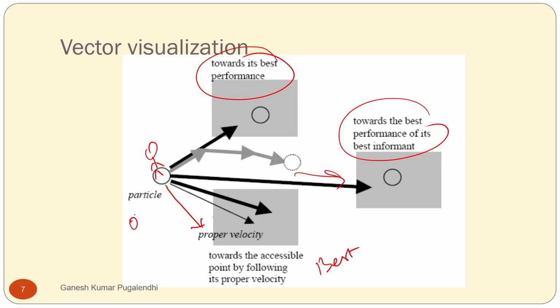Say for example, let us take one variable x1, and this x1 variable is 0.5. Now this 0.5 has a steady velocity so that it gets increased to 0.7. But it remembers that its previous best value is 0.9, and it also sees that its overall best value is 1.1.